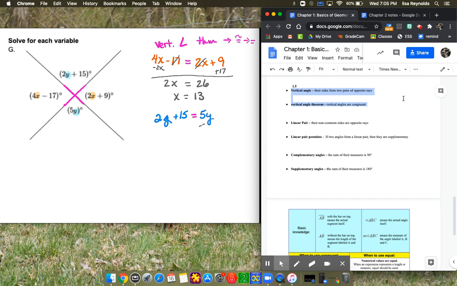When I subtract the 2y, I end up with 15 equals 3y, and my y is equal to 5. So look for vertical angles and look for linear pairs. When we have two intersecting lines, check to see if your angles are across from each other to be vertical angles, or if they're side by side to be a linear pair. Vertical angles are congruent, so we set them equal. Linear pairs are supplementary, so we add them to equal 180.